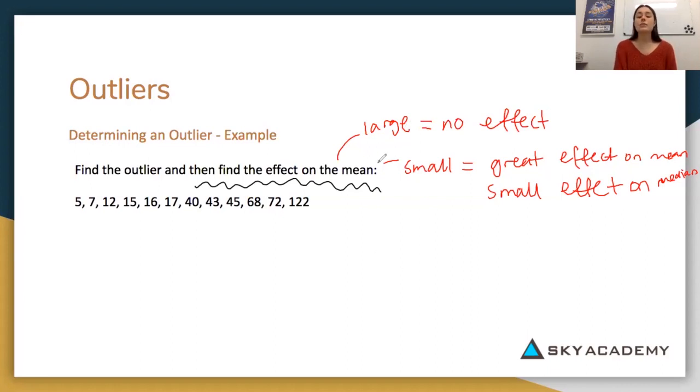And the reason we need to calculate the outlier to see the effect on the mean, or to see its effect on the measures of central tendency, is because, say for example, you have a test, and say it's the English HSC trial exam, and the majority of the scores were between 50 and 70%.